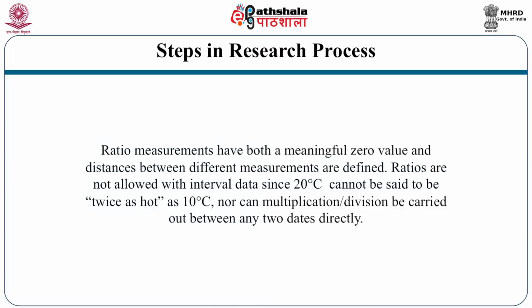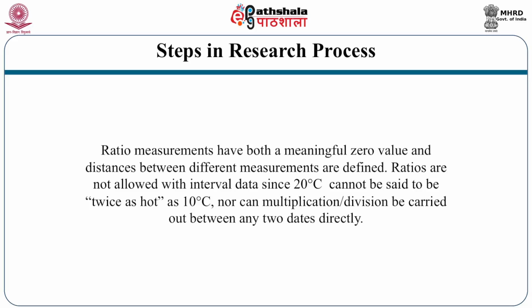The ratio measurement has a meaningful 0 value, and the distances between the different measurements are defined. Ratios are not allowed with interval data, since 20 degrees centigrade cannot be said to be twice as hot as 10 degrees centigrade, nor can multiplication or division be carried out between any two dates directly.